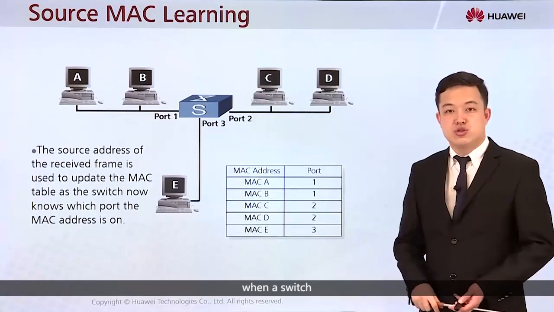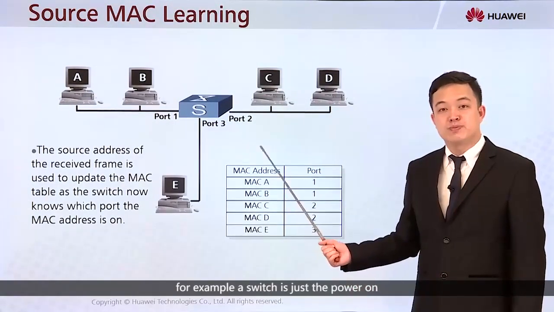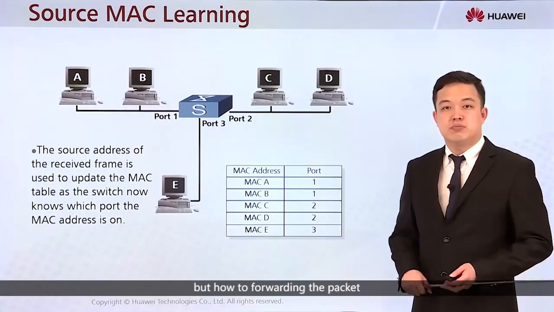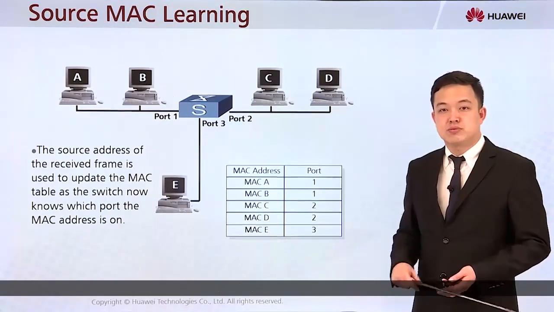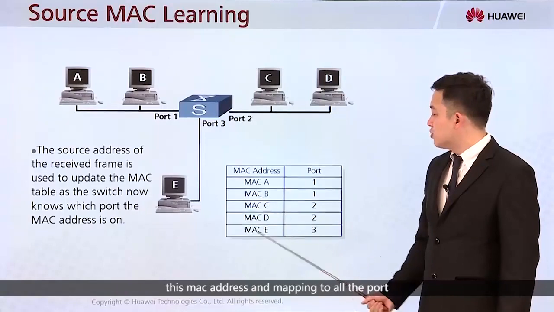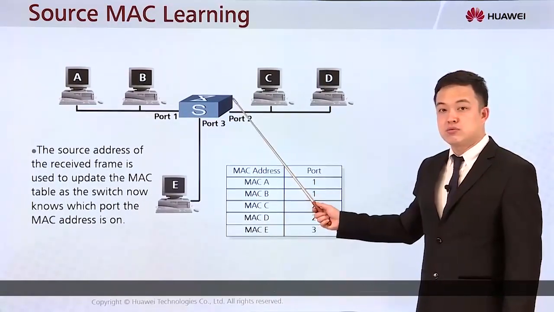When a switch is just powered on, it has no MAC address table. But how does it forward the packets? It learns this information, the MAC addresses and their mapping to the ports.